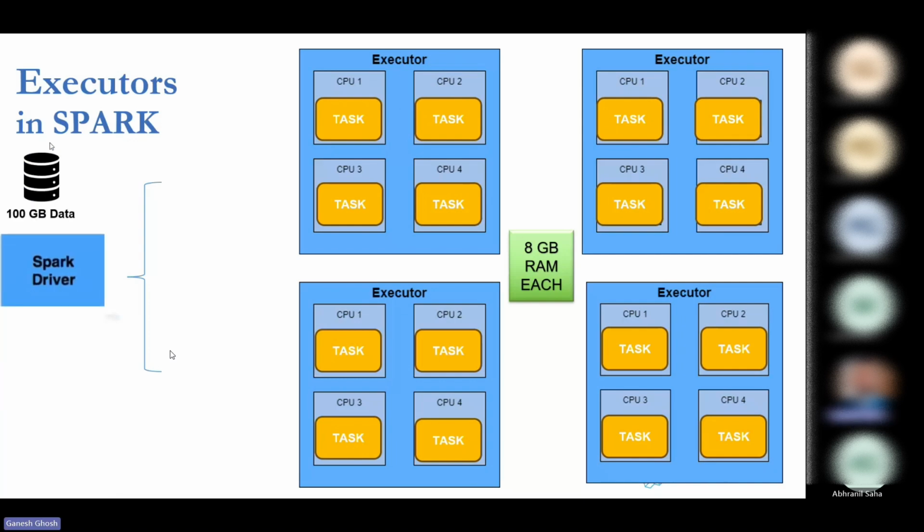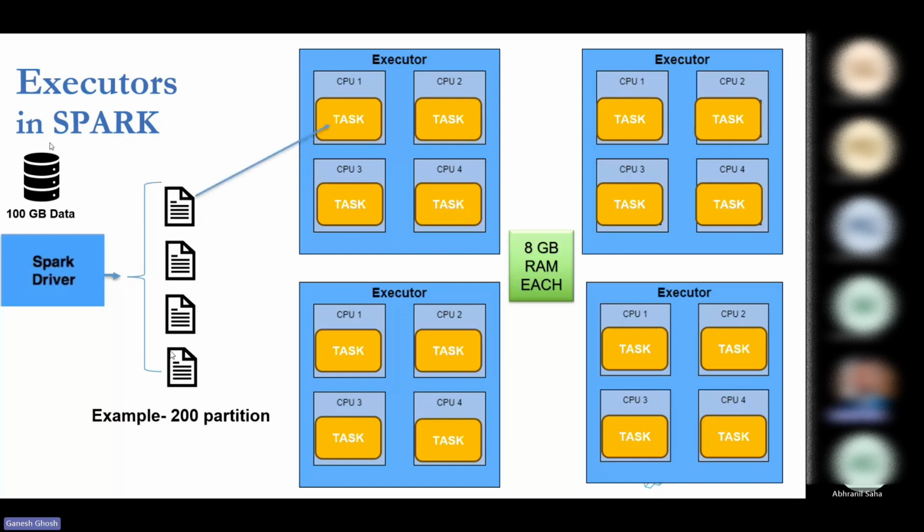Now our driver node will divide that into tasks. Our execution plan will get divided into tasks, and based on our partitions, suppose we have 200 partitions, let's consider that 200 tasks got created. Next, the tasks will go to the executors.